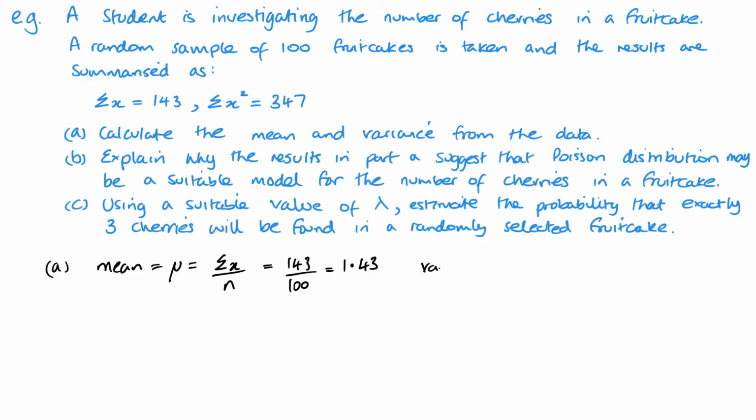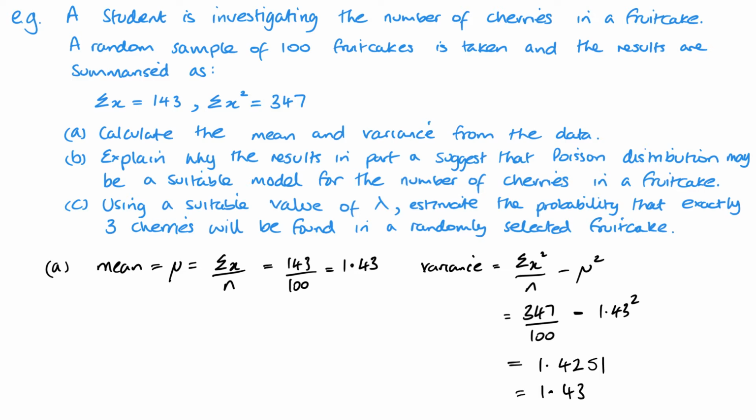Then the variance, well, this is going to be the sum of x squared over n minus the mean squared, isn't it? So we've got 347 divided by 100 minus my 1.43 squared. And that gives me 1.4251, which is 1.43 to 2 decimal places.